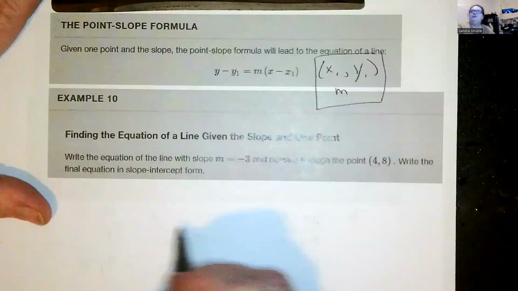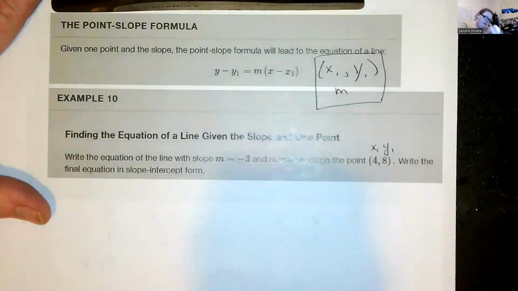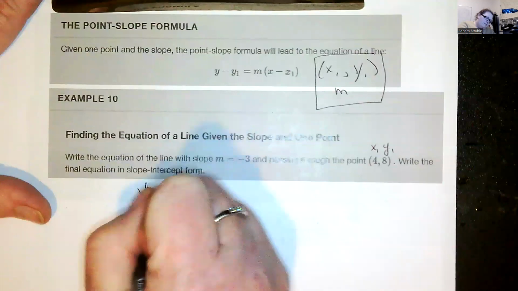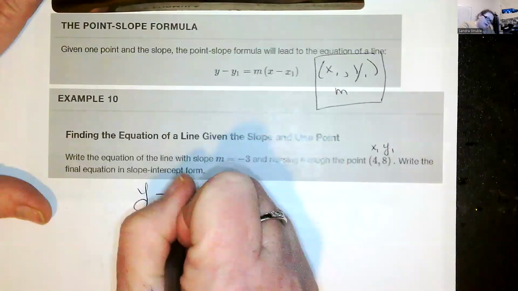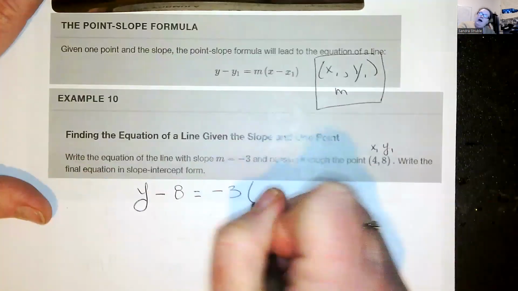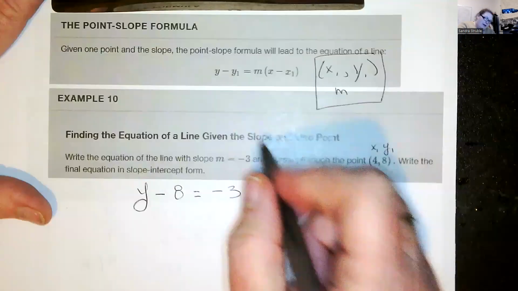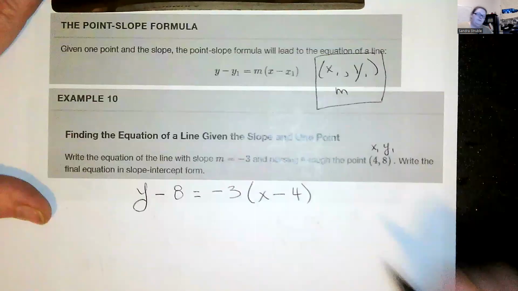Okay. So that's what they're giving us. And I'm going to go ahead and label this x1, y1. So y minus y sub 1, which is 8, equals the slope, -3, times x minus x sub 1, which is 4.